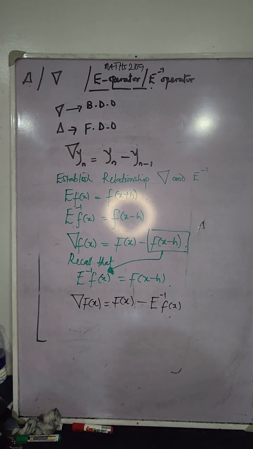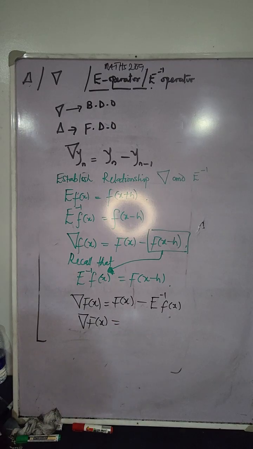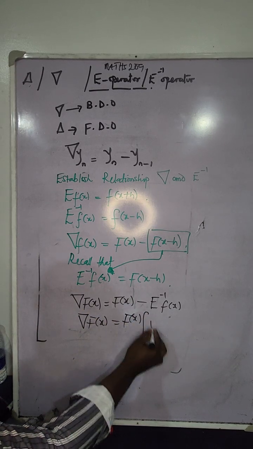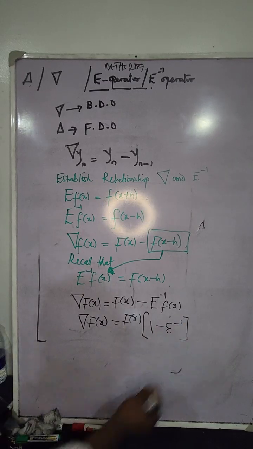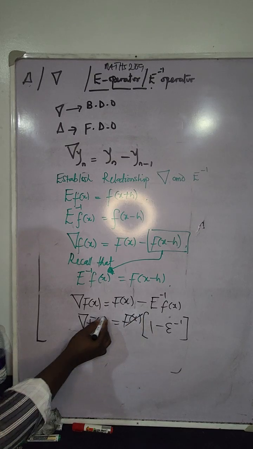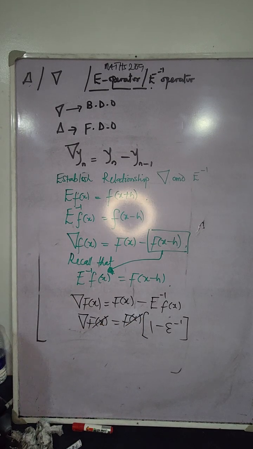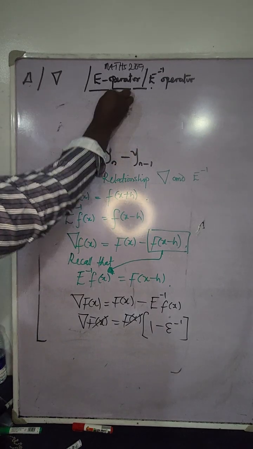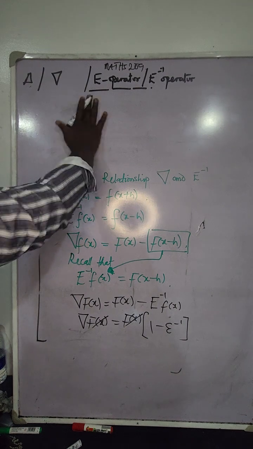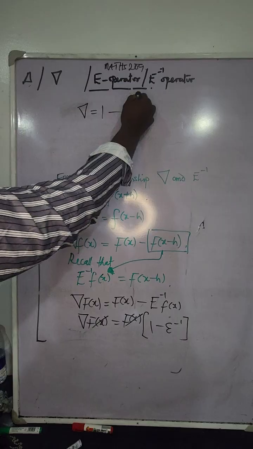And so if I factorize here, the backward difference of f of x is equal to what is common to both terms, f of x into the bracket of 1 minus E inverse. Did you see that? And so f of x cancels out. We have that the backward difference is equal to 1 minus E inverse.